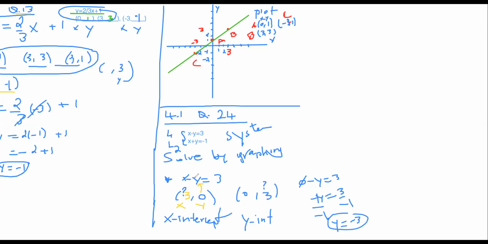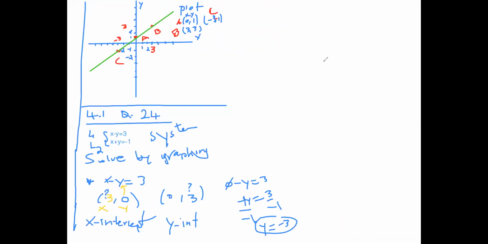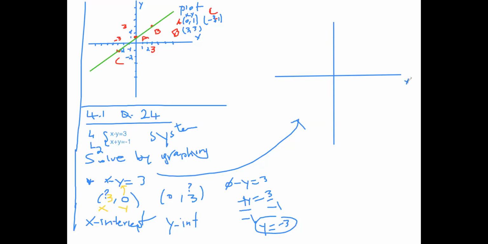So that's for the first line. Let's graph it. Again, we're going to need a graph. So this line will go over here. We're going to put the line here, with x and y as usual, then some numbers here.